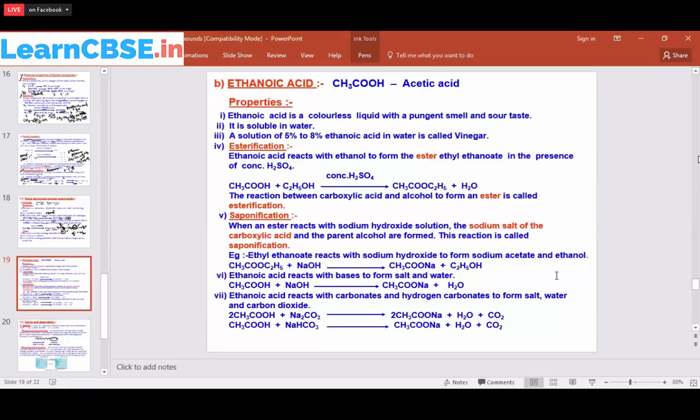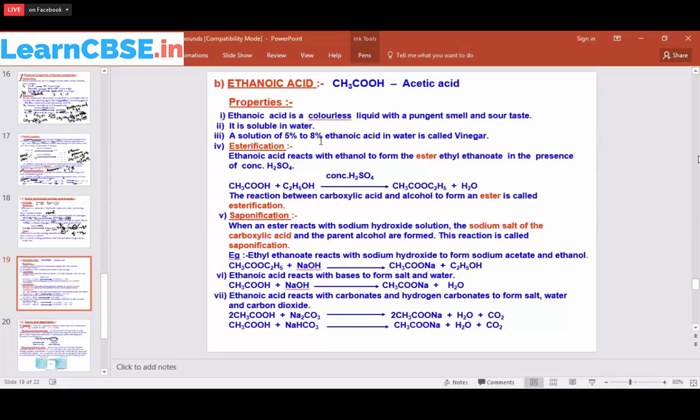Okay. So the next one is the ethanoic acid. So from the name itself we can identify, acid means it has a COOH group. So eth, so it contains the two carbon atoms. So CH3COOH. The other name for the ethanoic acid is acetic acid.